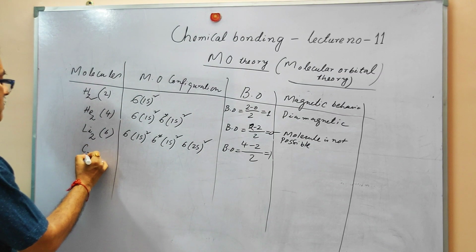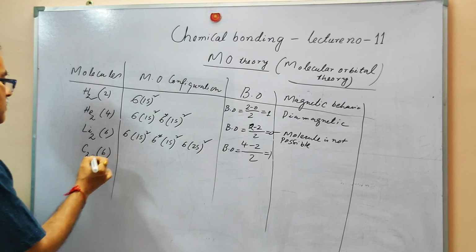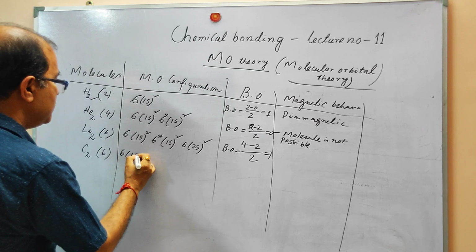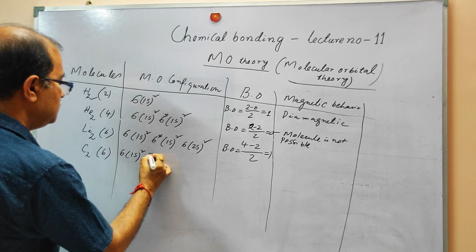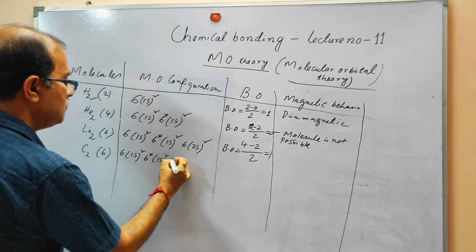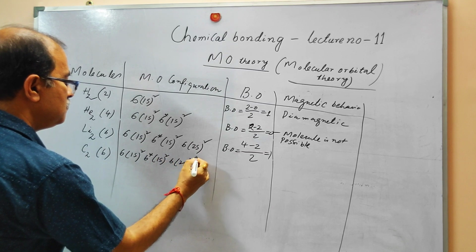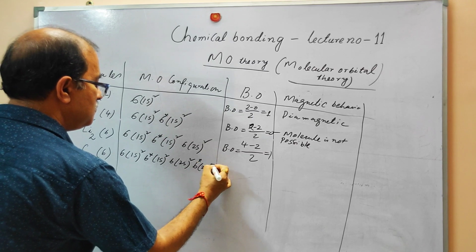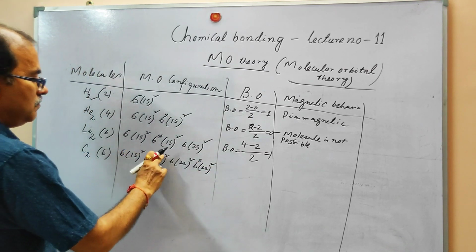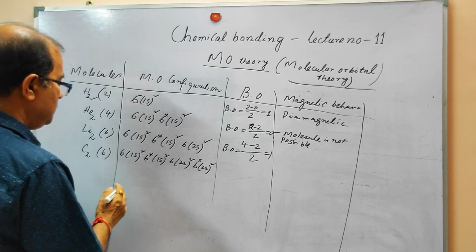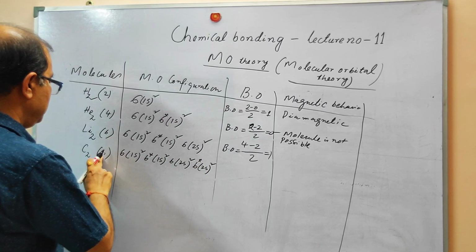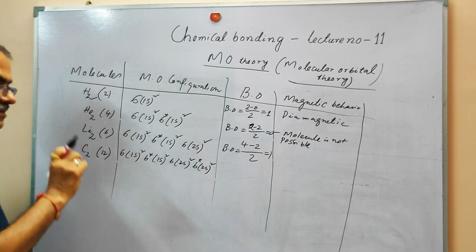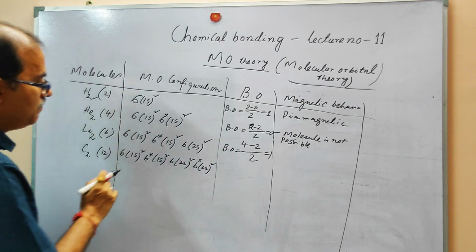Now we are going to take the electronic configuration of the carbon molecule, carbon C2. Then this molecule's configuration will be like this. It will be a total of 12 electrons, not 6; 6 is for one atom.